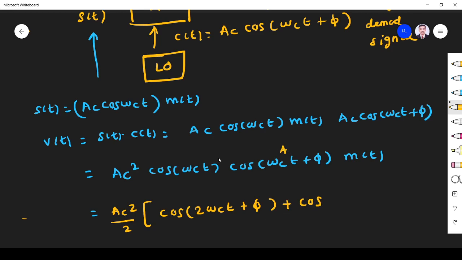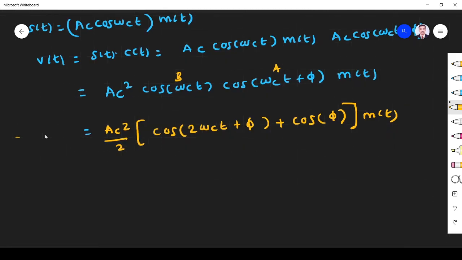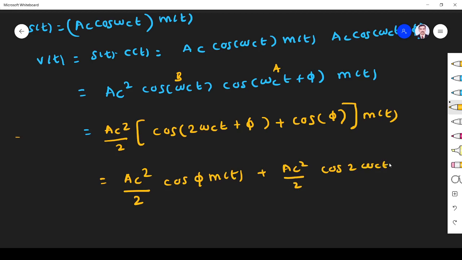Let us assume this is A and this is B. A minus B is cos phi, into M of t. Then this will be equal to A_C squared by 2 cos phi M of t plus A_C squared by 2 cos(2 omega_c t plus phi) into M of t.